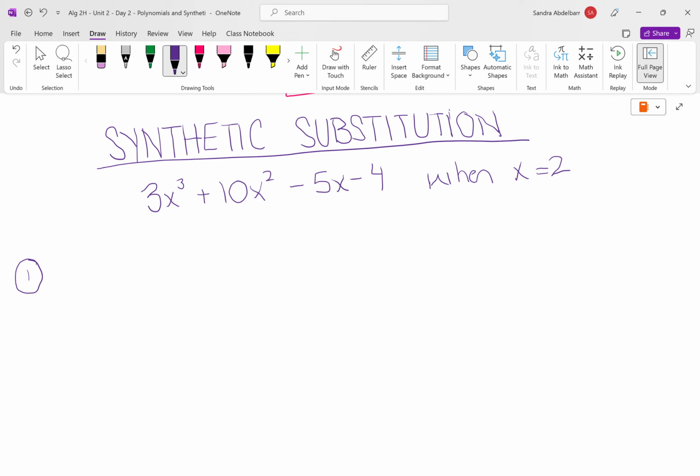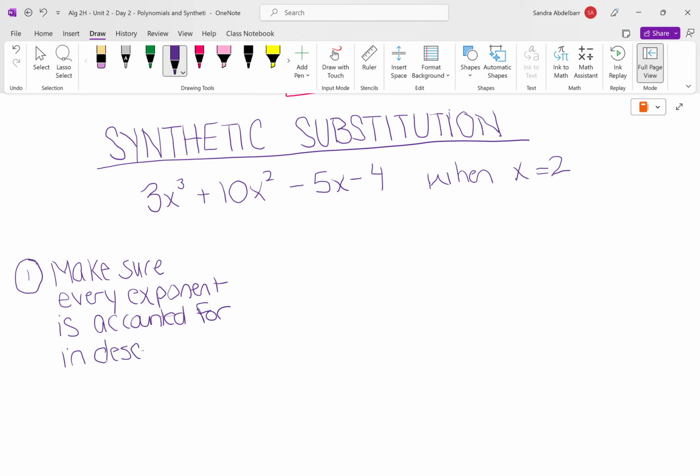Step number 1 when using synthetic substitution is to make sure every exponent is accounted for in descending order. Let me tell you what that means.